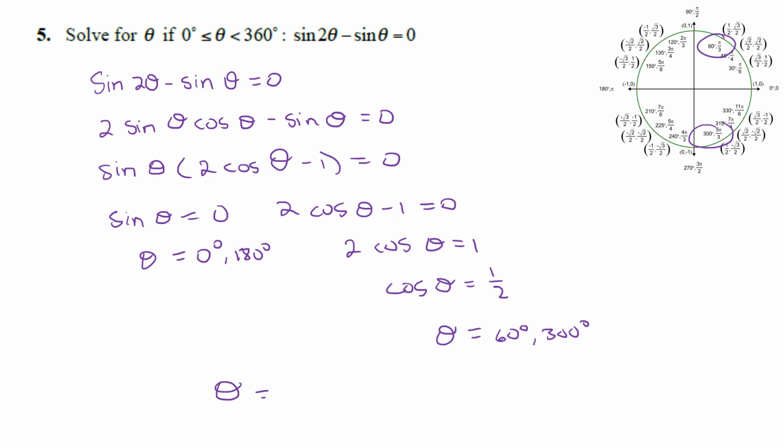So the values of theta that make this equation true are 0 degrees, 60 degrees, 180 degrees, and 300 degrees.